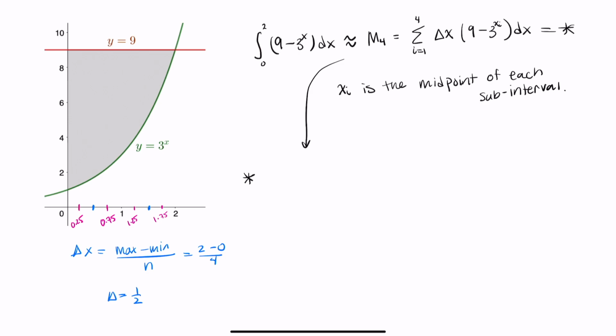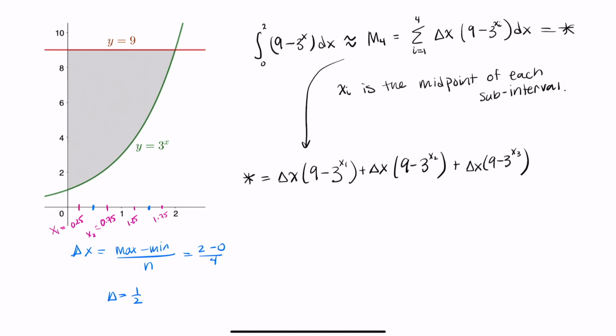So I labeled this row with a star, so we can continue here with star, which is going to equal delta x times 9 minus 3 to the x_1, where this is x_1, plus delta x times 9 minus 3 to the x sub 2, clearly this is x_2, plus delta x times 9 minus 3 to the x sub 3.